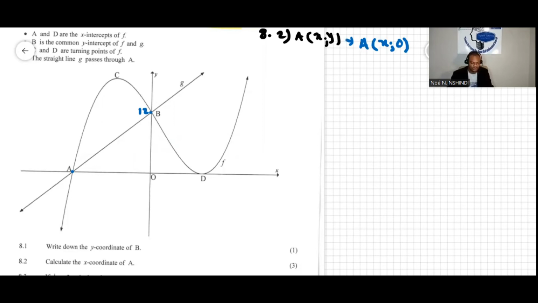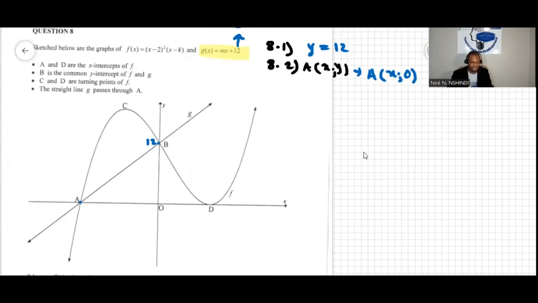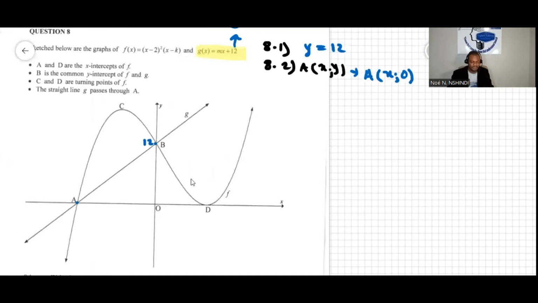Now, what do we do from the question here? A lies on g, and is also a point on f. If I look at g and make y 0, I still have 2 unknowns, m and x.